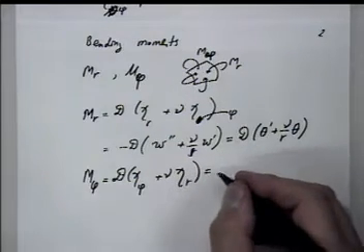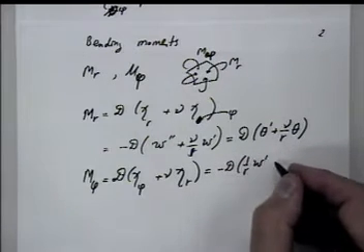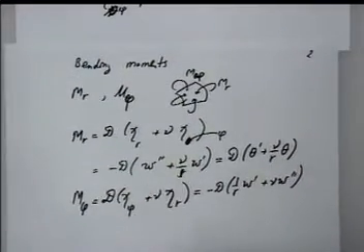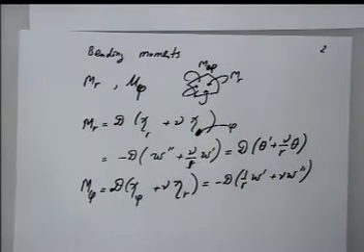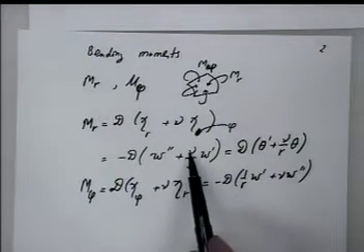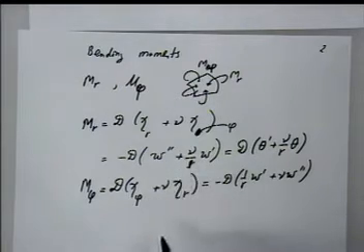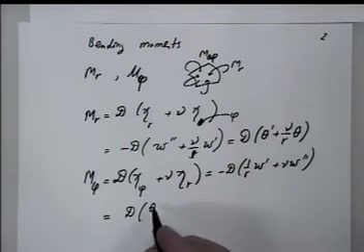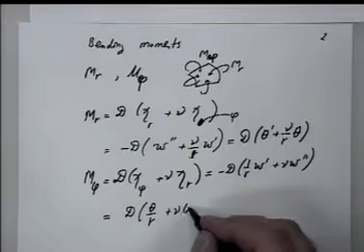Now that equals then minus D 1 over r w prime plus nu w second derivative. Just these two things are exchanged. Whatever is multiplied by nu now will be w double prime, and w prime will be here. So, this equals just D theta over r plus nu theta prime.